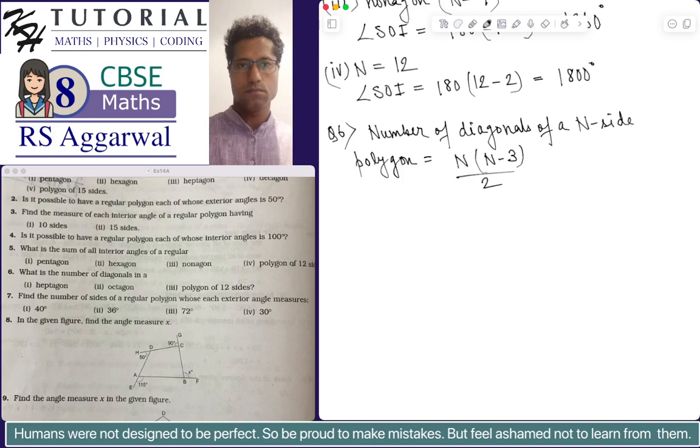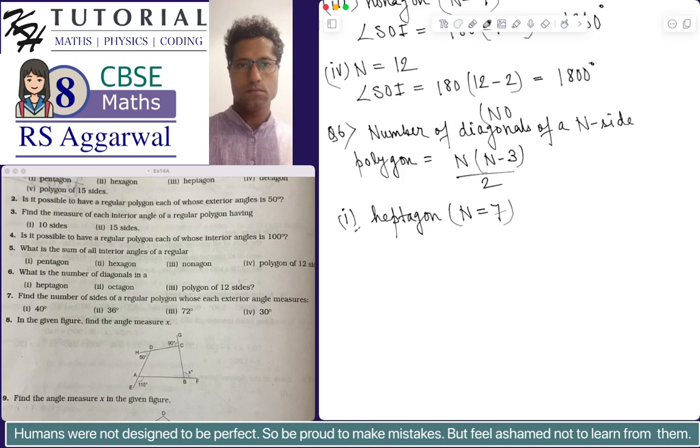So now let's find the number of diagonals in a heptagon. Now, what is a heptagon? A heptagon is a polygon having 7 sides. The number of diagonals will be named as NOD.